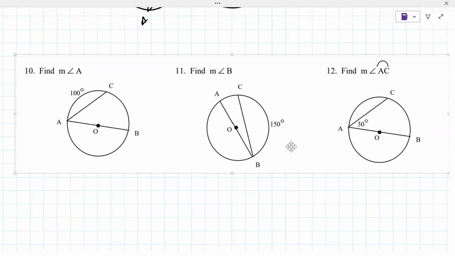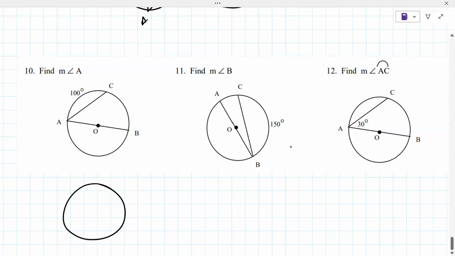Would A be 50? It is not. If you have a diameter, that's kind of the key here. What is the whole top angle measure? 180. So what does that make C to B? 80. Okay. Now how do you use that to find A? 40. Okay. Let me try the next one. Yeah, try the next two, please.